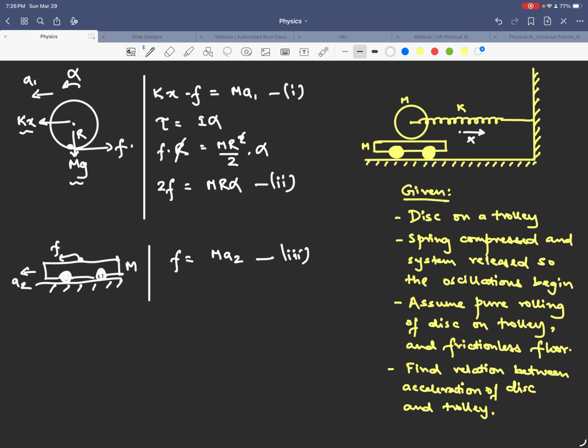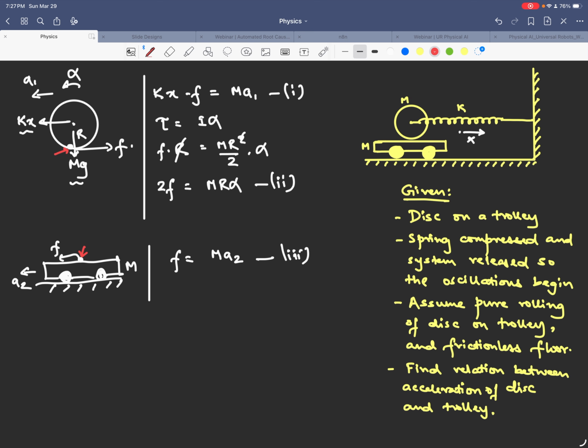So for them to have zero relative motion, for the condition of pure rolling to apply, we know that this point, let me just mark it with red, which comes in contact with this point, should have at any given point of time the same acceleration. Otherwise they will be slipping, right?